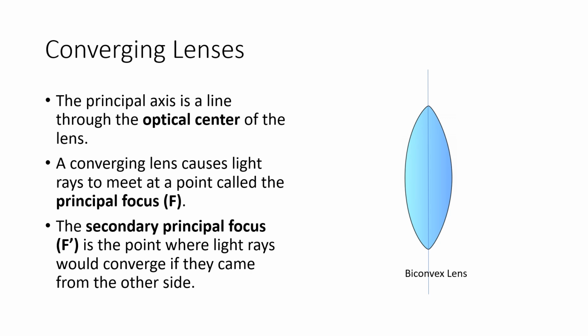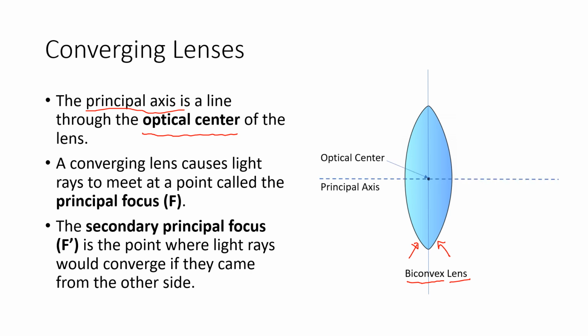So the first type of lens we're going to consider here is going to be a biconvex lens. That means it's convex on two sides. And so just like the curved mirrors, we're going to have a central point. That's going to be called the optical center. And then we can run the principal axis through the optical center.